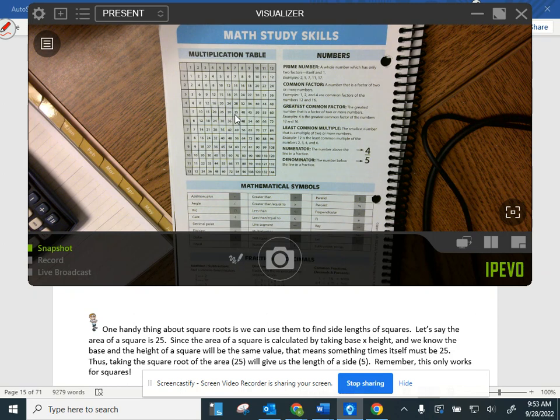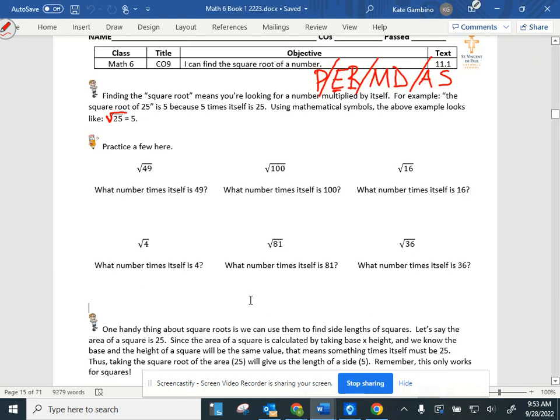But if we do not know our multiplication facts so well, we're going to want to look at where we see 49, and we're going to look at the two numbers we're multiplying together to get to 49, and it should be the same number. So, James, what are we multiplying together to get to 49? 7. 7 times 7 equals 49. So the square root of 49 is 7.